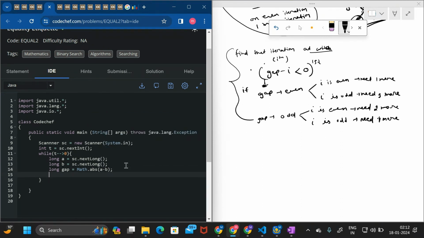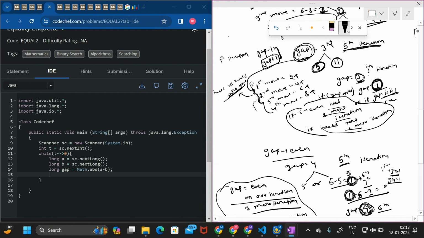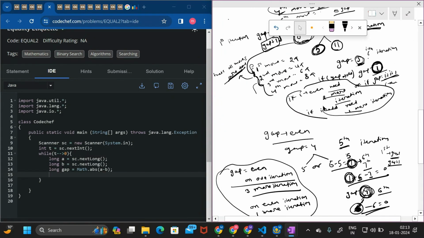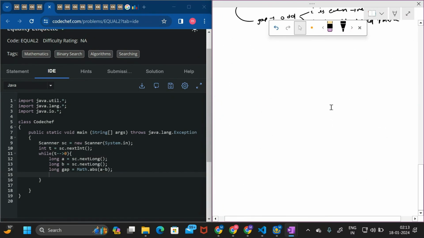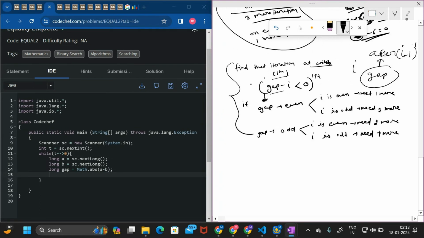Okay, now we have to find this iteration. And what we want is, we have this i and gap after i minus 1 iterations. Okay, so we need this gap.